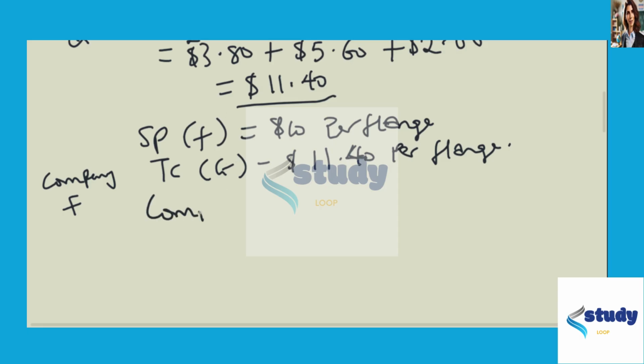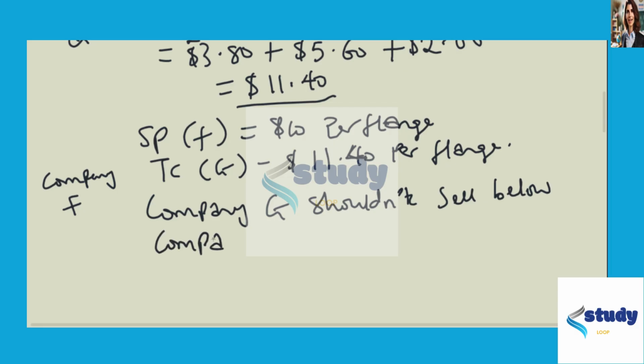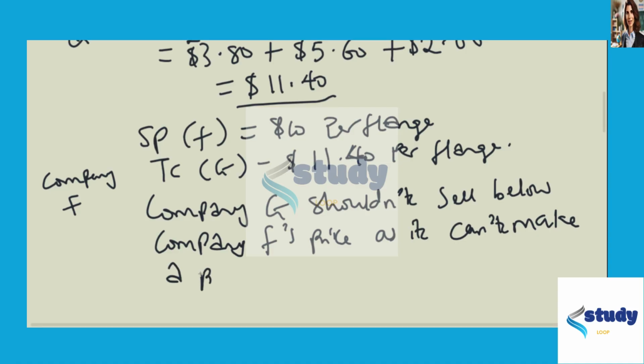So company G shouldn't sell, as it can't make a profit on the flanges.